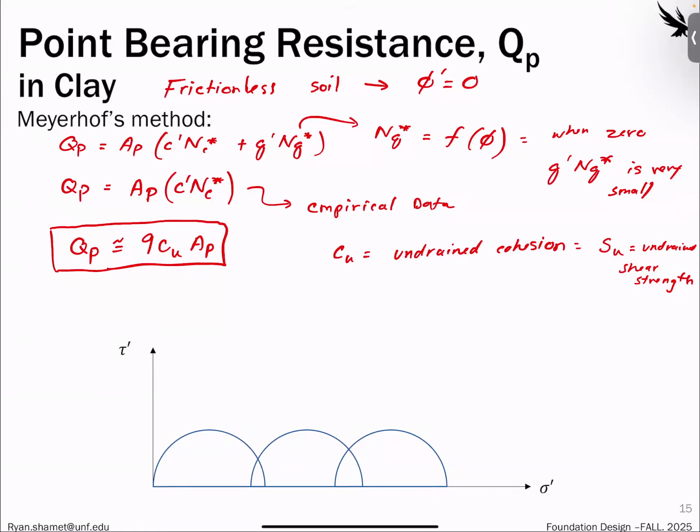If we were to do different tests and actually calculate a failure ratio, then we would see that this friction angle is 0. There's no angle to it. So what that does equate to is a consistent cohesion, which is that undrained cohesion. And so what we would see is that these circles would therefore be the same.